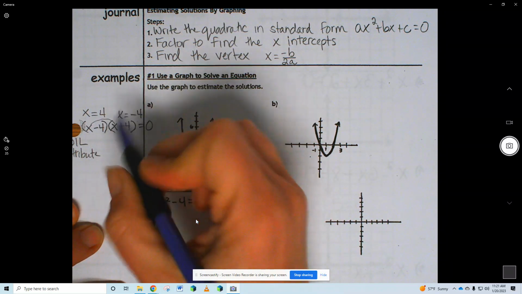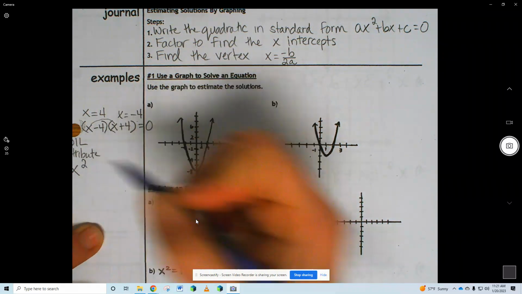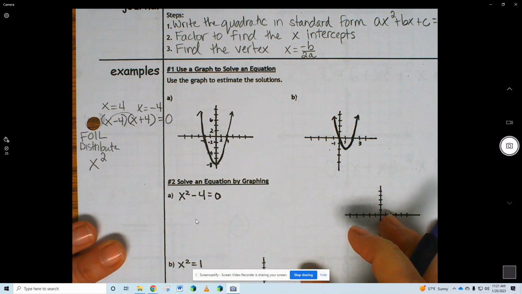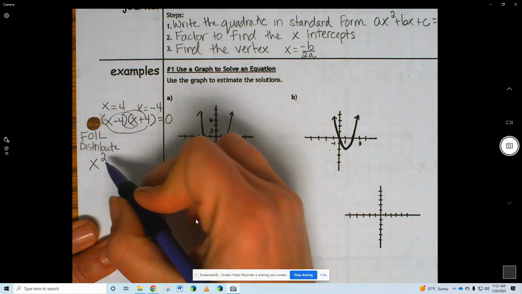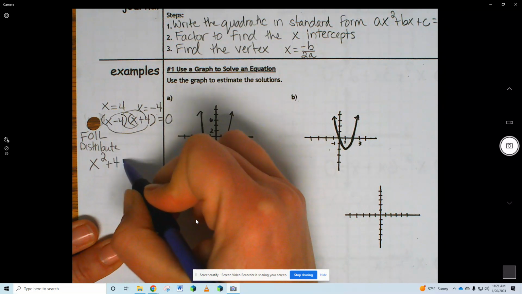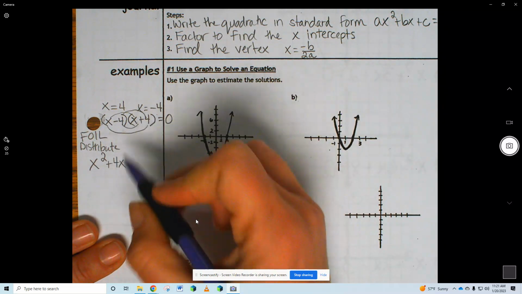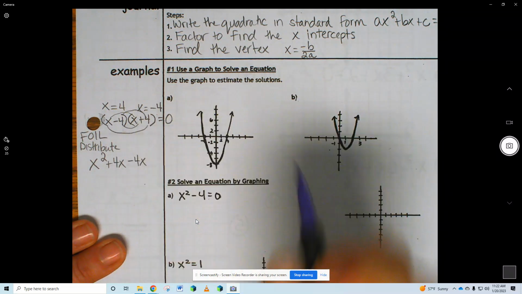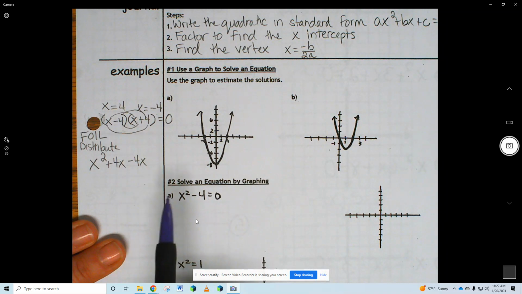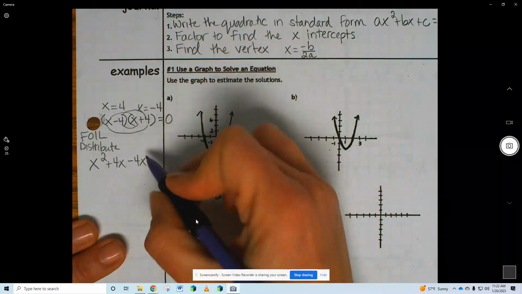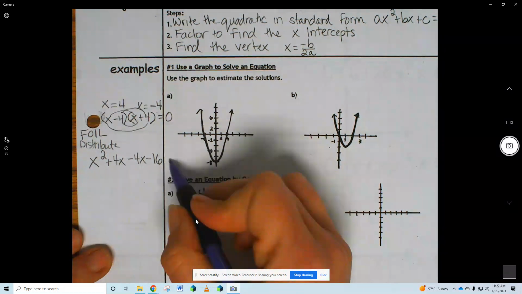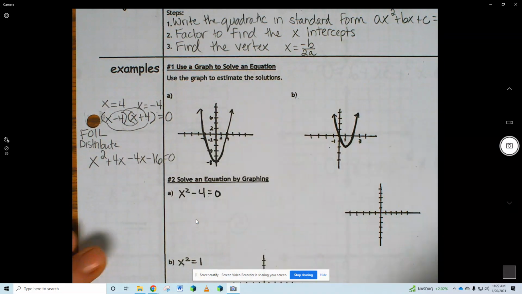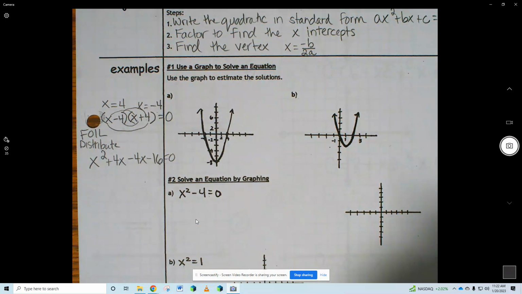Anyways, x times x, x squared. Multiply everything by everything. Plus 4x outside. Minus 4x inside. Last, negative 4 times positive 4. Minus 16. Can anything combine or cancel?